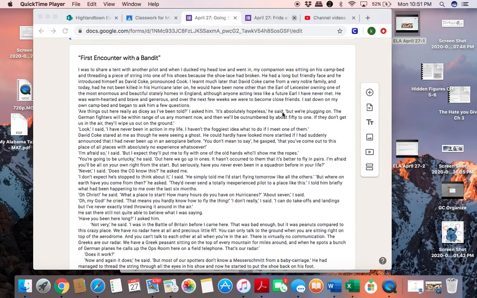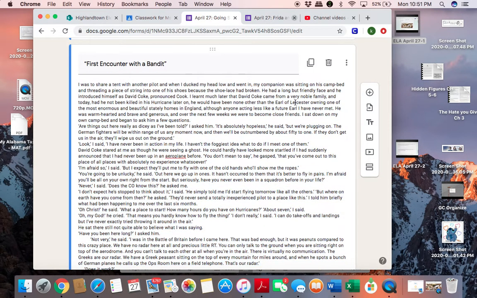I learned much later that David Cook came from a very noble family, and today, had he not been killed in his hurricane later on, he would have been none other than the Earl of Leicester, owning one of the most enormous and beautiful stately homes in England. Although anyone acting less like a future Earl I have never met. He was warm-hearted and brave and generous, and over the next few weeks we were to become close friends.